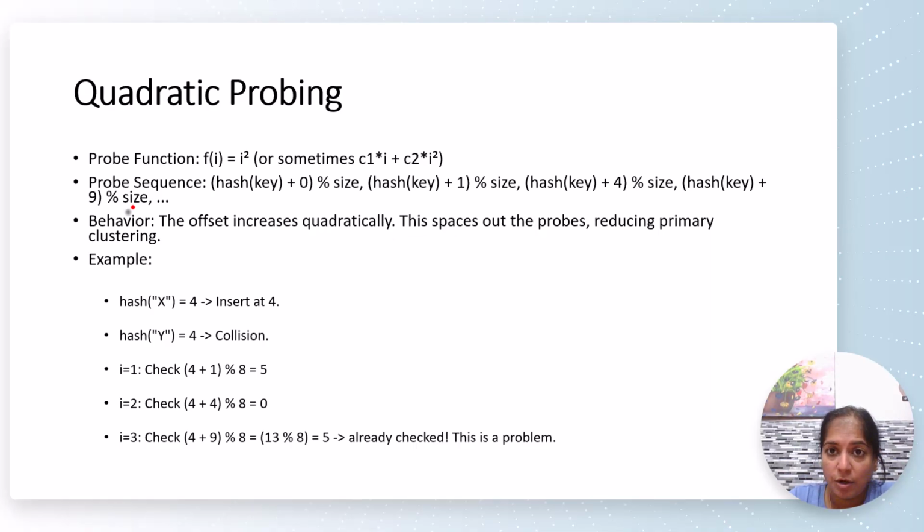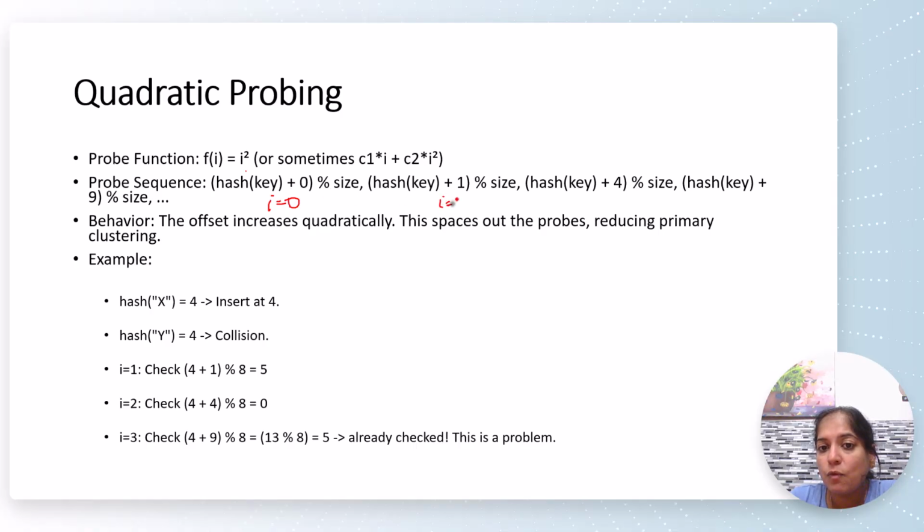In quadratic probing, our probe function becomes f(i) equals i square, or sometimes we take c1 times i plus c2 times i square. Now, how will the probe sequence work? For i equals 0, it will be hash(key) plus 0 mod size.